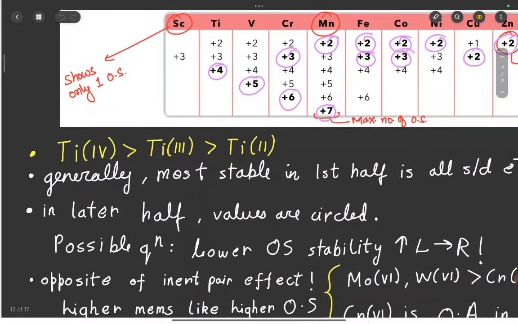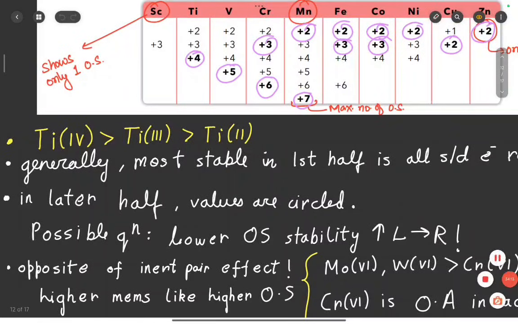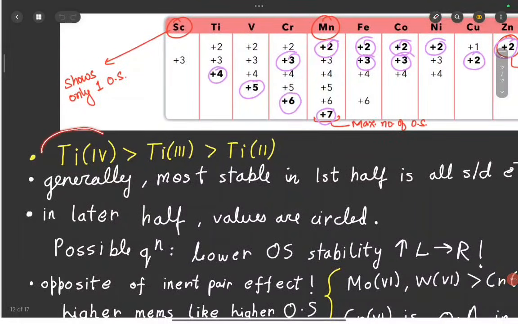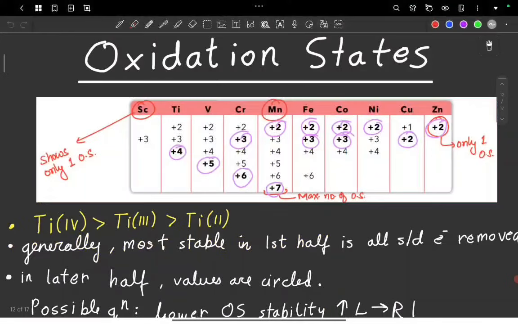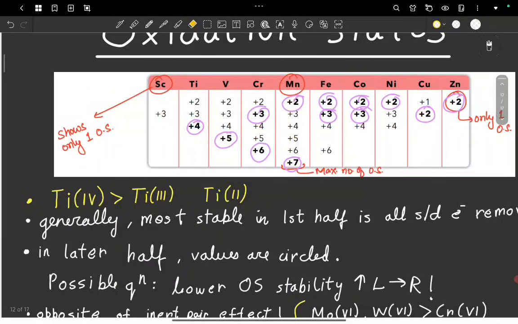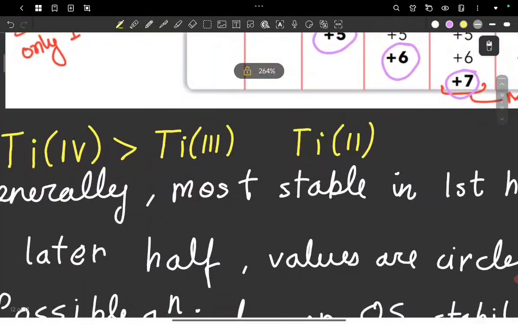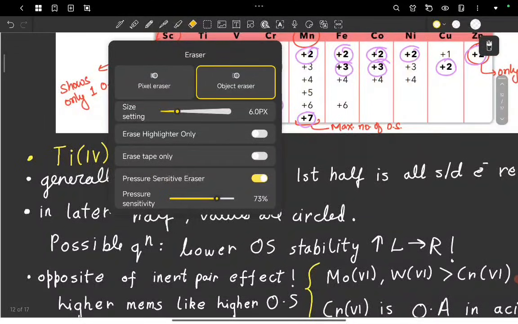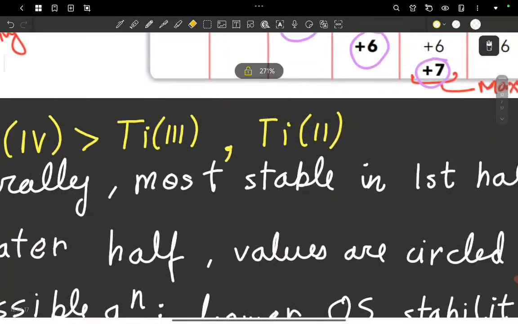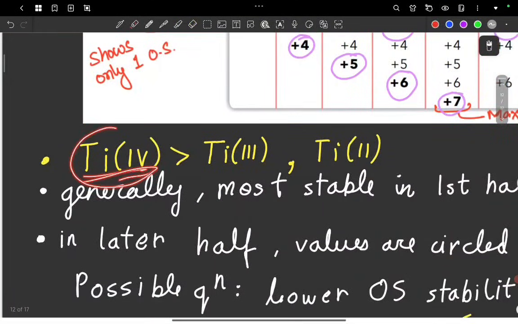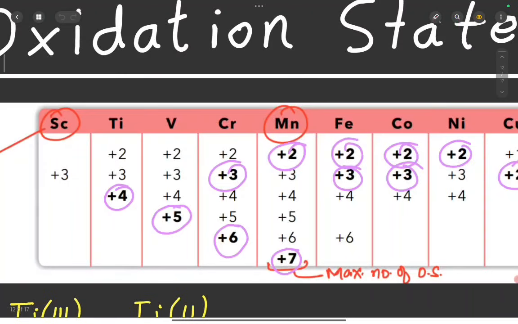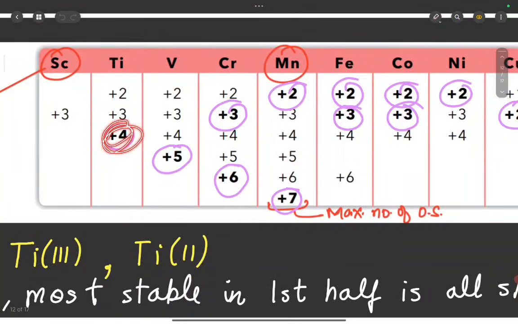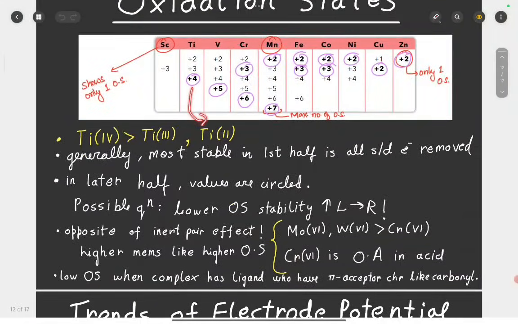But in the later half, the circled values show the exceptions, and this is just a consequence of that. Wait, I made one mistake here. It has not been specified whether titanium plus 3 or plus 2 is more stable, so just use a comma here because we are unsure. But one thing's for sure is that titanium plus 4 is the most stable out of the three because all its s and d electrons are lost in converting to the plus 4 state.